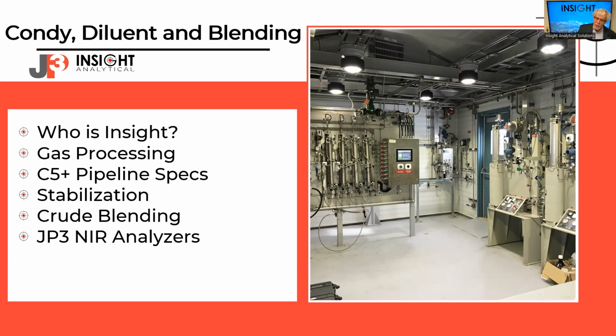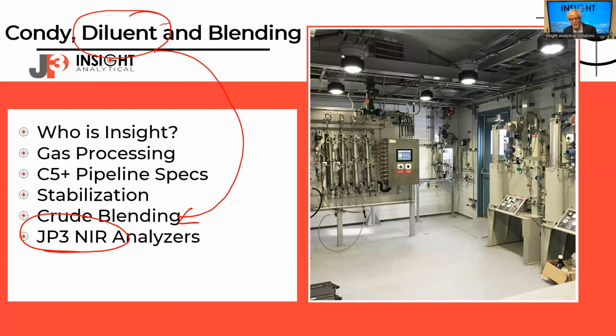And because this condensate is often used as diluent, we also want to apply the same technologies to crude oil blending. The technology we're going to focus on is the near infrared analyzer from JP3.